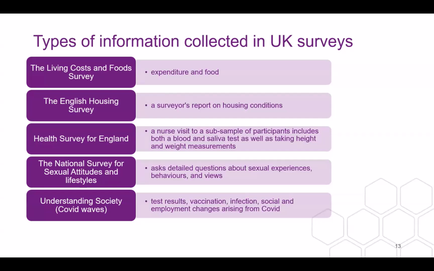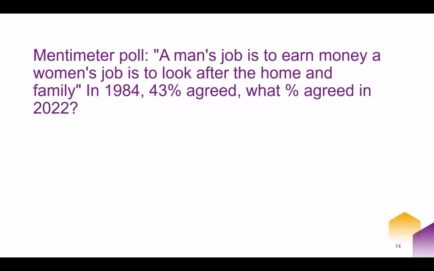So in a minute, I'm going to hand over to Placide to give you an intro in more detail to some of those surveys. But I've got one more Menti poll just to illustrate to you an example of how the data could be used. This question is from the British Social Attitudes Survey, which has been running since 1983.